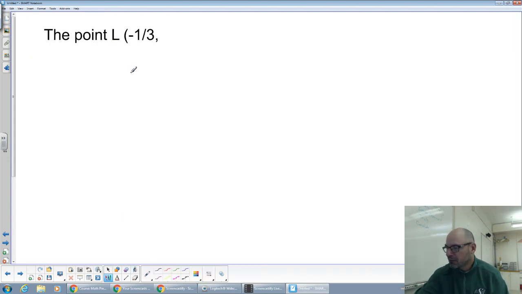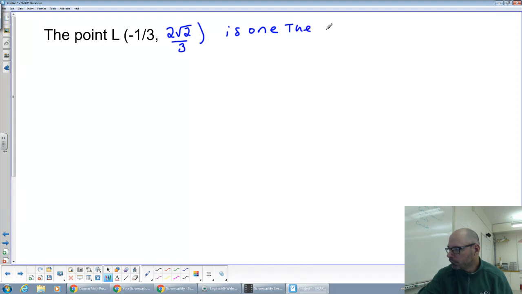This point is on the unit circle. And then the question is, find all 6 trig ratios as exact values.